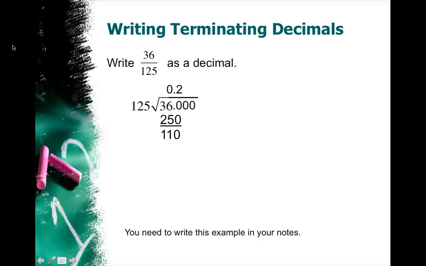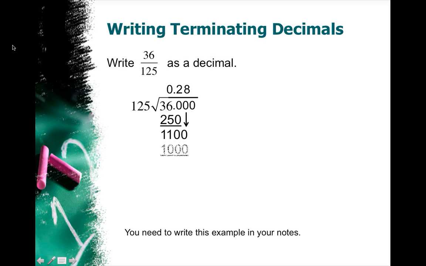We need to make sure we understand how to divide and do long division. So we'll do some practice on that quite a bit this week. We have a remainder of 110, so we're going to bring down a 0, and 125 doesn't go into 110, but it does go into 1,100, and it'll go into 1,100 8 times.